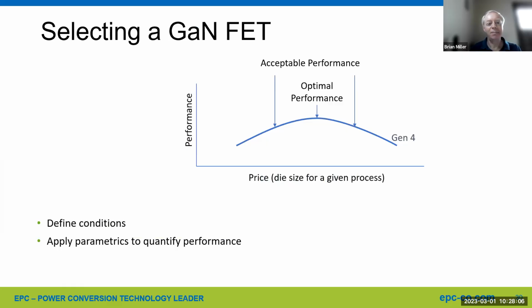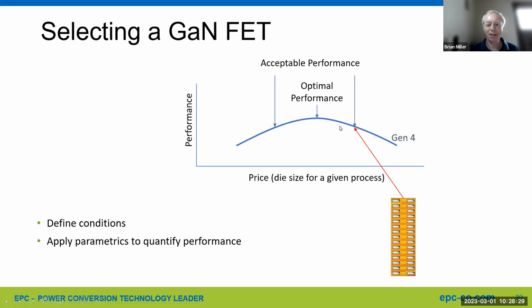And to go back, overall picture of selecting a GaN FET, kind of the process or way it's often done and how to do it a little bit better. One way to do it is to pick a FET that'll work well, meet performance. Say by performance, efficiency.